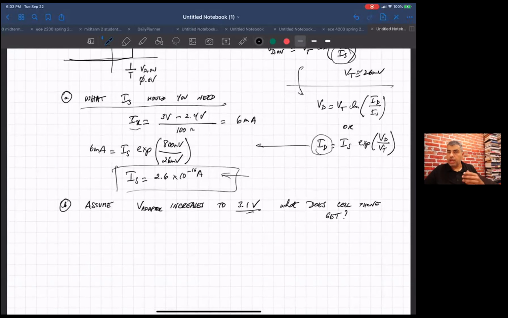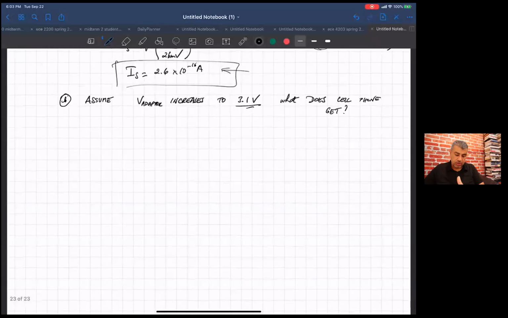Before at 3 volts, the cell phone was getting 2.4 volts. Now we want to know, if there was just a small change from 3 volts to 3.1, what happens? So again, we have the adapter.